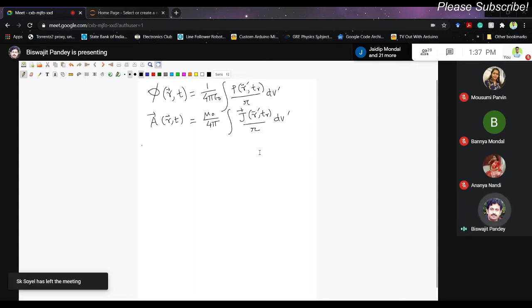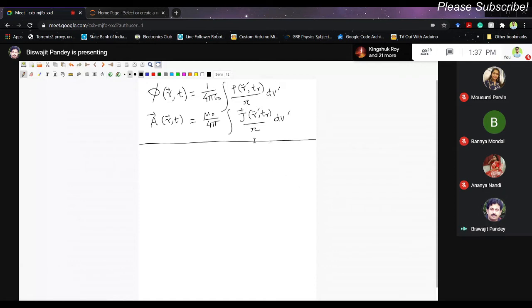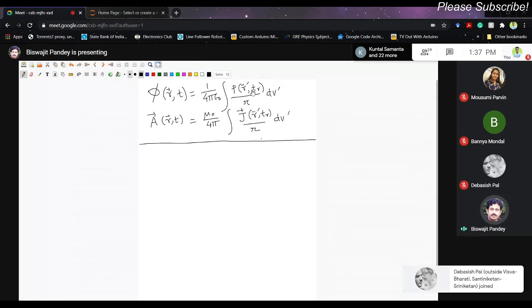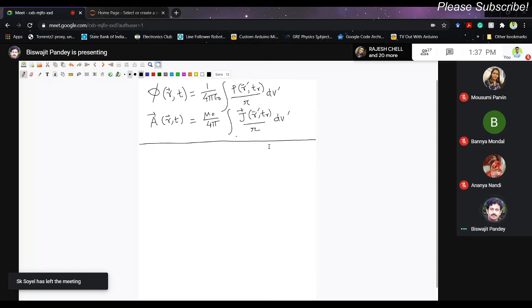So these are the solutions that we already know, and I told you that in a general setting where we have a volume occupied by some charge and current which are varying with time, one can calculate the scalar potential and vector potential by carrying out this integration.